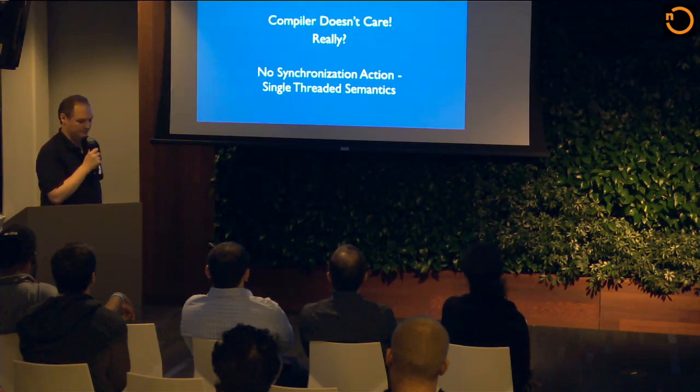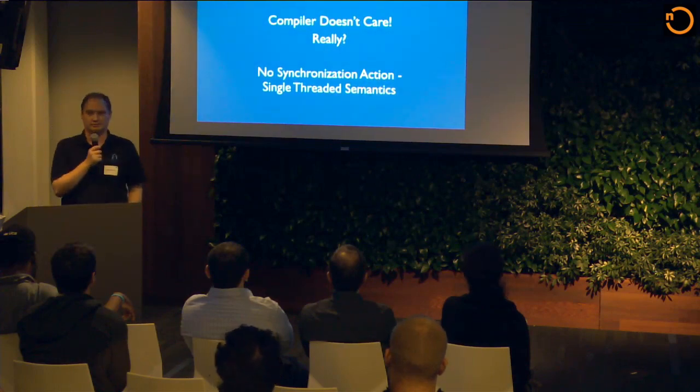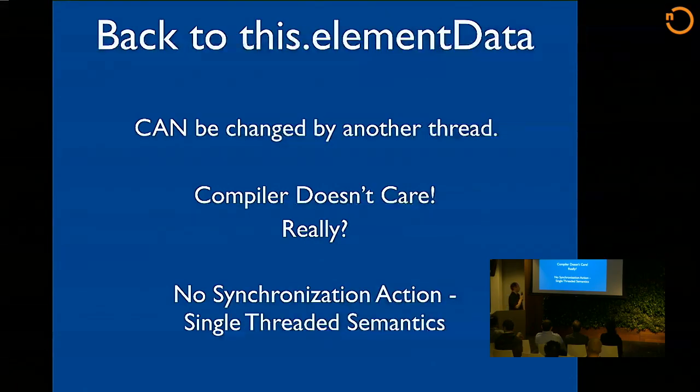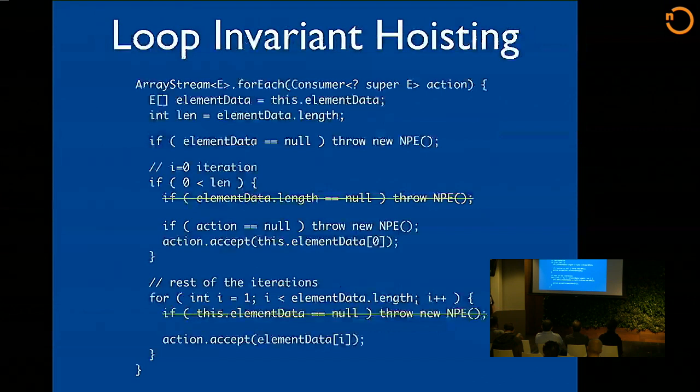Now this element data. Can it be changed by another thread? Absolutely. Do we care? If you're the compiler, the answer is no, don't care. You didn't tell me that it was a synchronized variable. I don't care. I'm allowed to assume it doesn't change. So then we get to say, okay, pull element data out into a local variable.